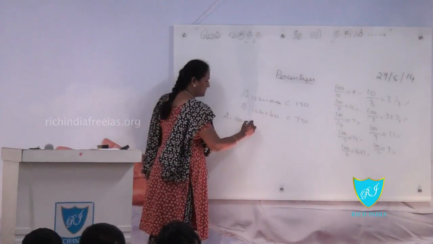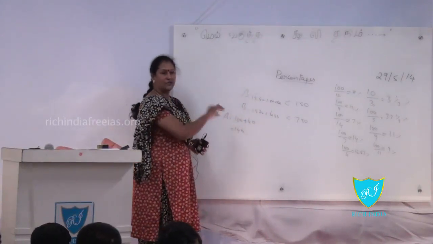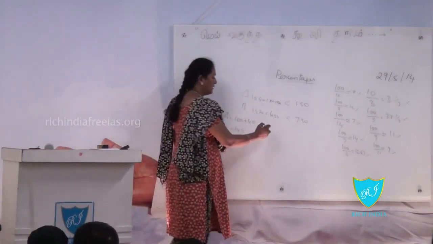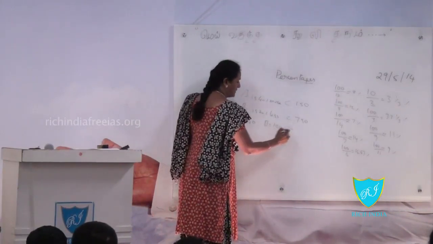So what will be A's value? 140. If it is less, you subtract from 100, so value for B will be 60. And here what is value for B? 100 minus 20, 80.